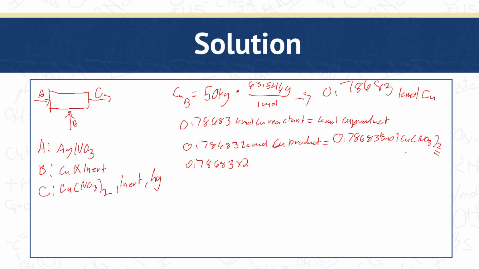For per mole of copper nitrate, we have 2 moles of nitrate, which results in the kilomoles of nitrate in your system, which would then be 1.57336 kmol of nitrates in your products.